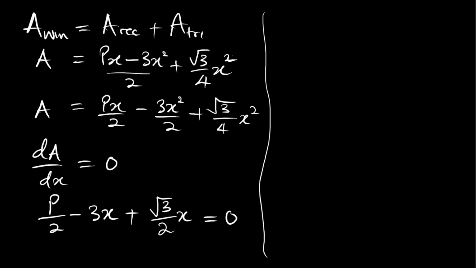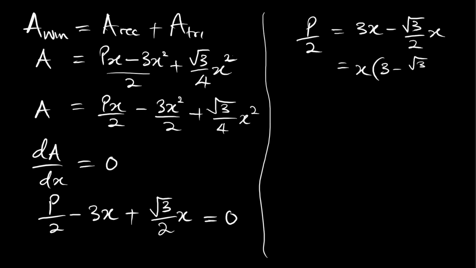So I'm going to make x the subject of the formula by saying p over 2 is equal to 3x minus root 3 over 2 x. If I factorize out x, I'm going to have x times (3 minus root 3 over 2), and this gives me p over 2.